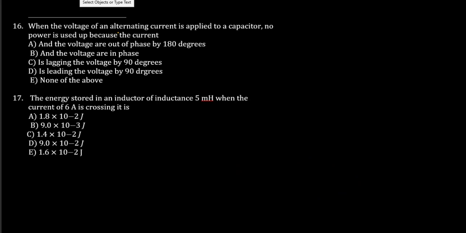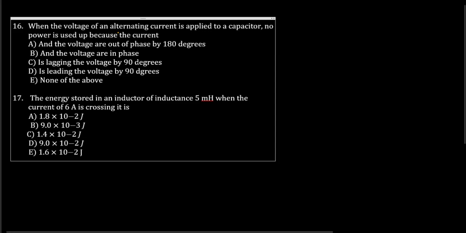Question 16, when the voltage of an alternating current is applied to a capacitor, no power is used up because A, the current and the voltage are out of phase by 180 degrees. B, current and the voltage are in phase. C, current is lagging the voltage by 90 degrees. D, current is leading the voltage by 90 degrees. E, none of the above.